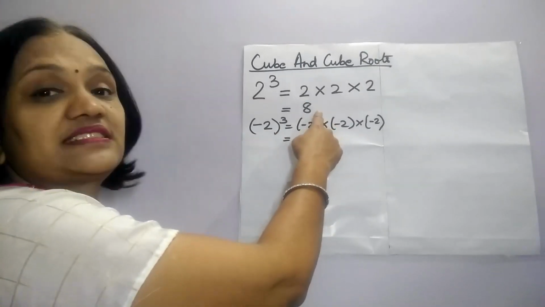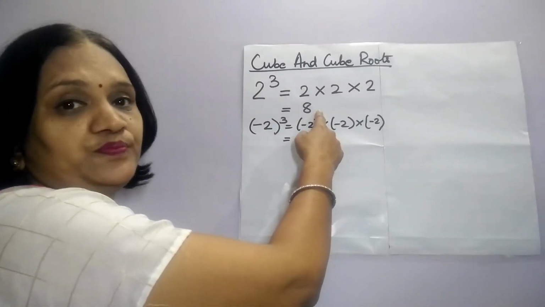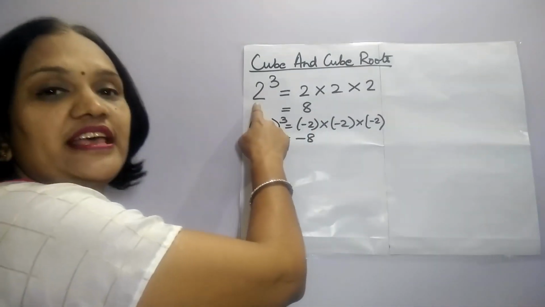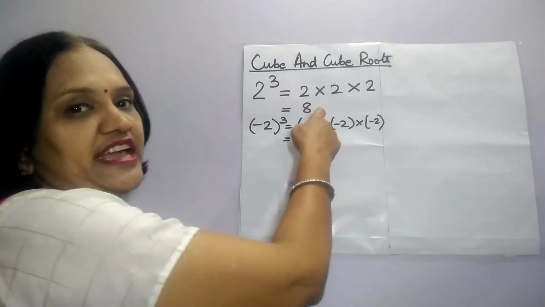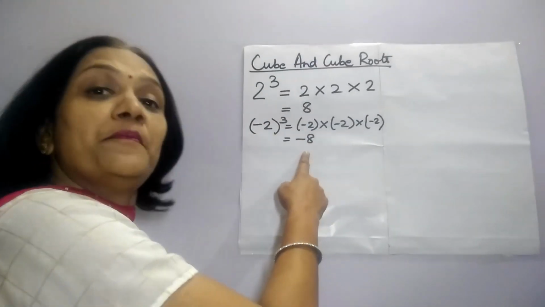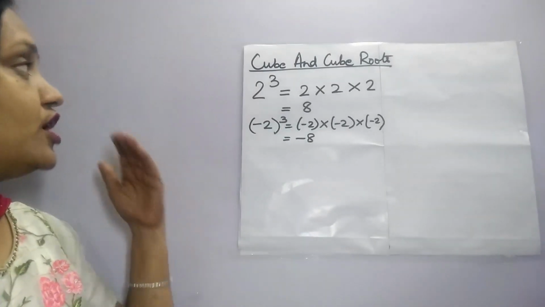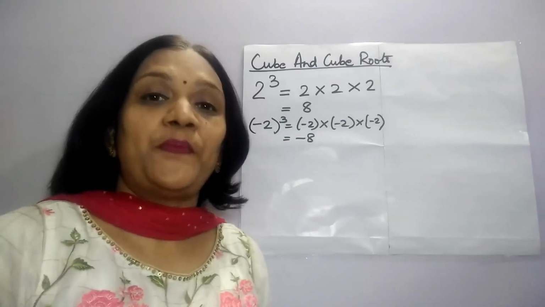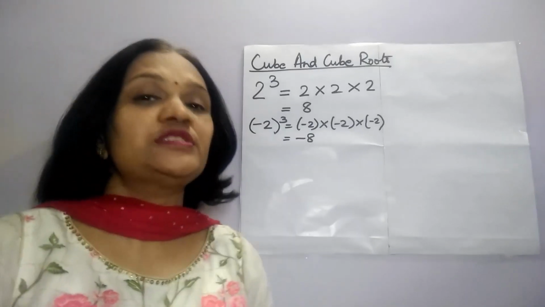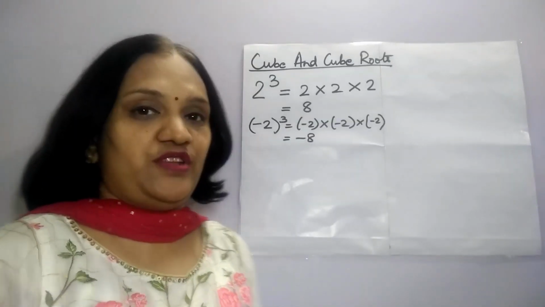Now 8 is the cube of 2. We can also say that 2 is the cube root of 8. Minus 2 is the cube root of minus 8. For cube we use power 3 and for cube root we use power 1 by 3.